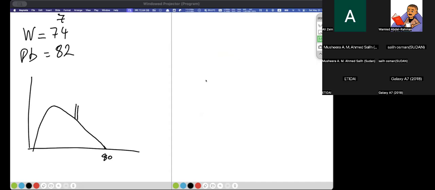Yes. So if this is 80, let's do it with the scale, then probably 70 is here. So we're going to see these two K alpha lines, right?